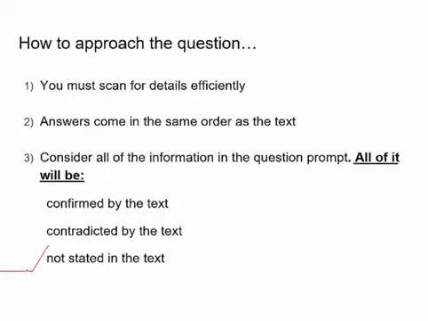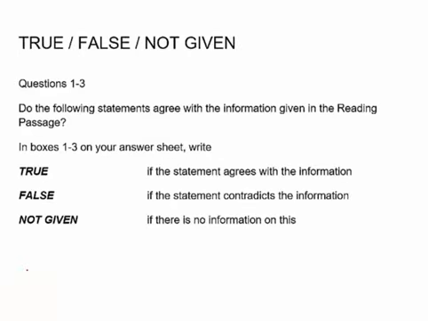The idea is not stated there, and that's where you answer not given for both of the prompt types that we're looking at. Okay, so that's what you're looking for. Either the text confirms the statement, contradicts or goes against it, or the statement simply can't be supported by anything found in the text. Okay, that's what we're looking for.